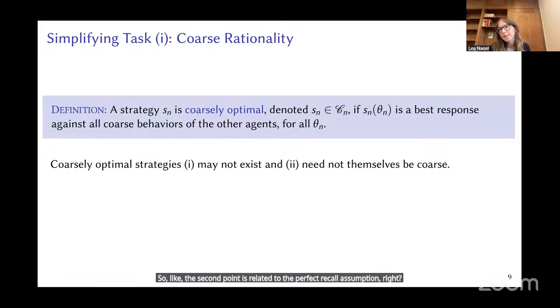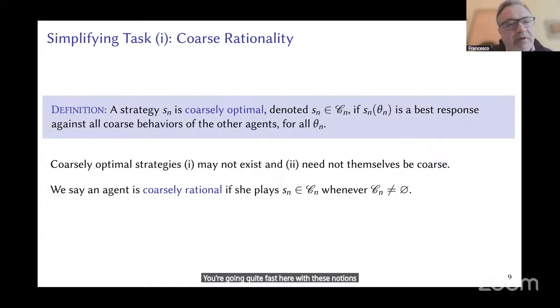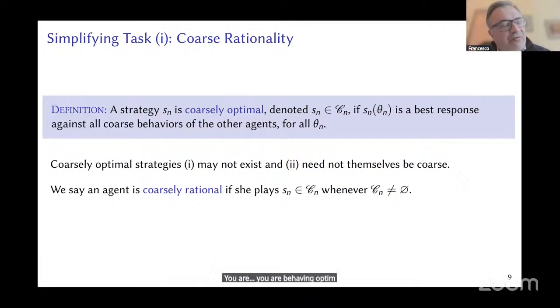Yes, yes, absolutely. Okay. So Lea, you're going quite fast here with these notions. So what Andrew said is useful. Another thing here is you are coarsely optimal if you assume that everybody else is coarse, but not necessarily yourself. You are behaving optimally given the information you have.